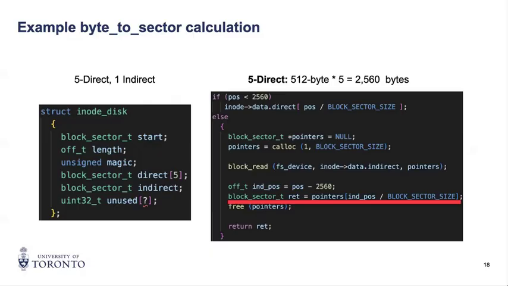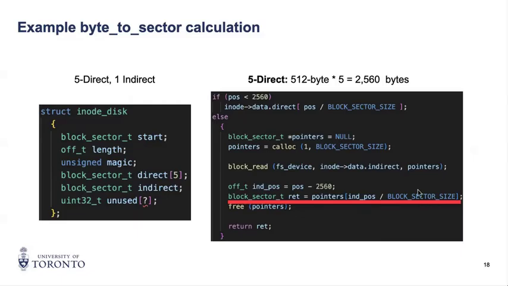Now we have block sector size divided by 4, the number of sectors. But I didn't divide by 4, because position is still in number of bytes, and each sector stores 512 bytes, so we still have to divide by that.